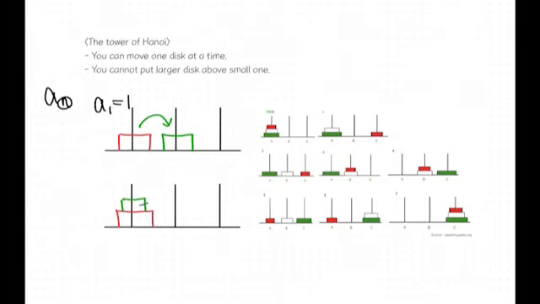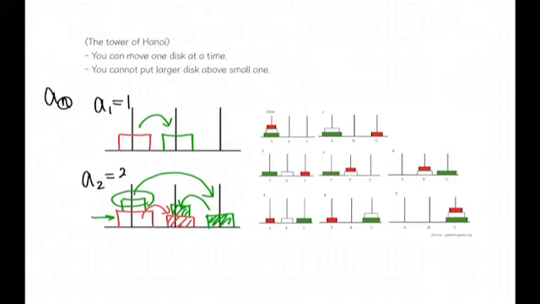So because this upper disk is smaller than the lower disk, you need to move this first to another column. And then second, you need to move this to the column you want to put all the rings on. And then third, you need to move the disk right back on. So you can see that A2 equals 3.